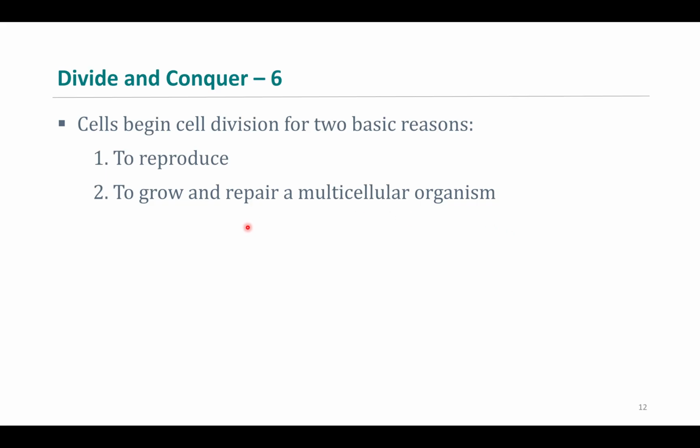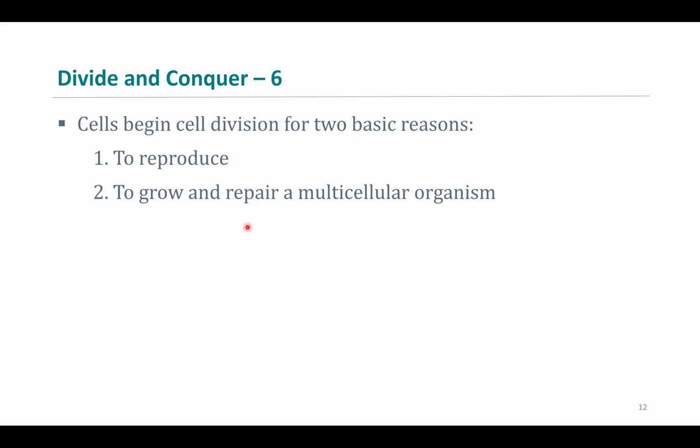Now the question is why cell division is important. In a multicellular organism, we know that with time some cells get damaged and some cells die. In order to replace those damaged and dead cells, the body needs to produce new cells.